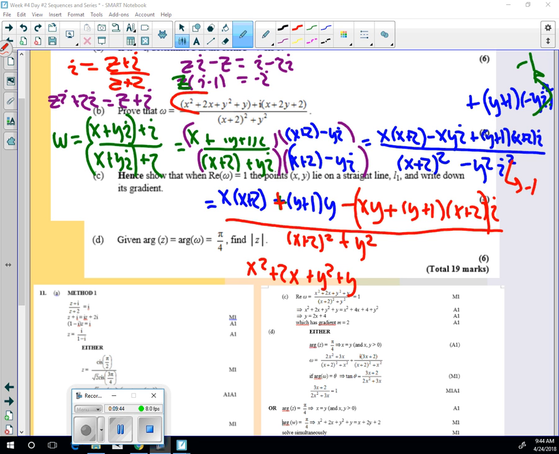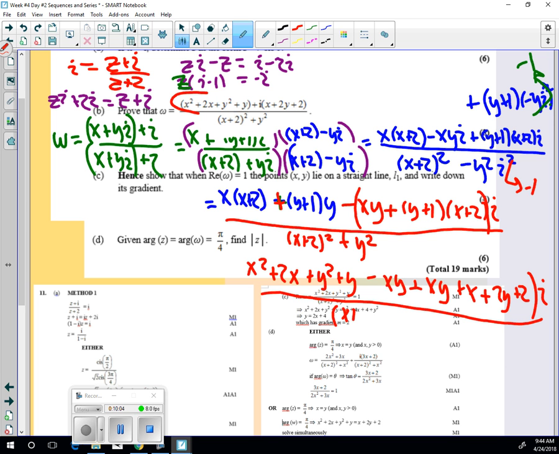All right, so you're going to get minus xy plus xy, and then it's going to be plus (x plus 2y plus 2), all times i. Yeah, that negative is not working for me. It's working against me. x plus 2y plus 2.